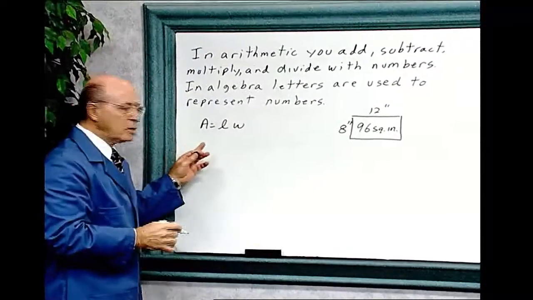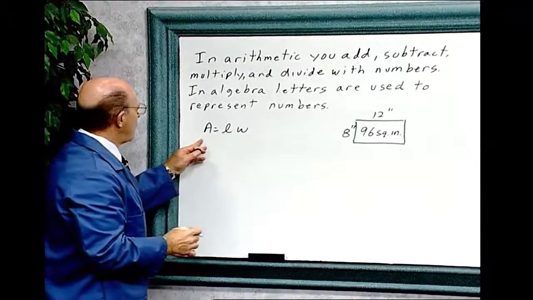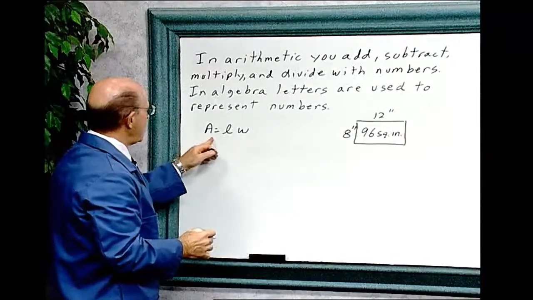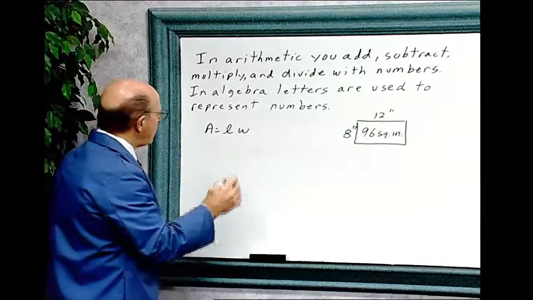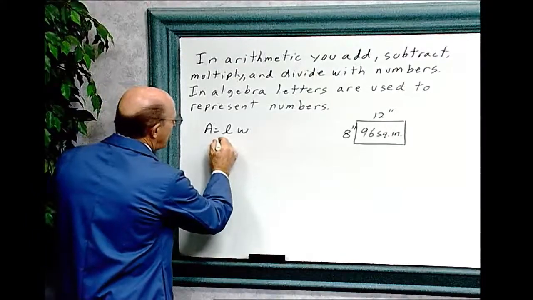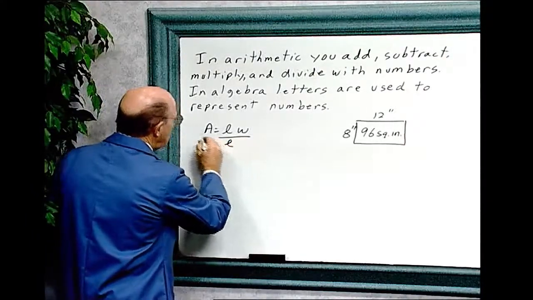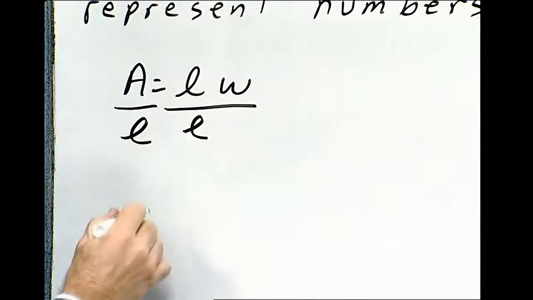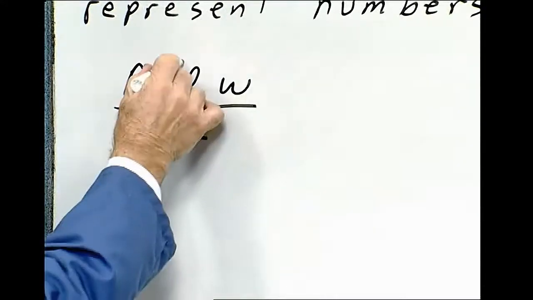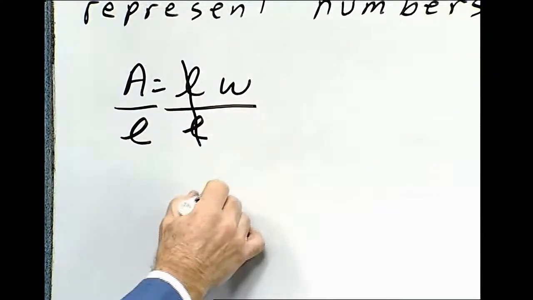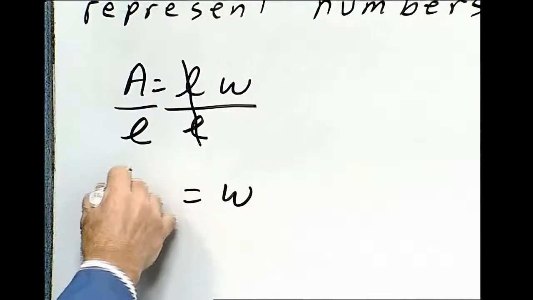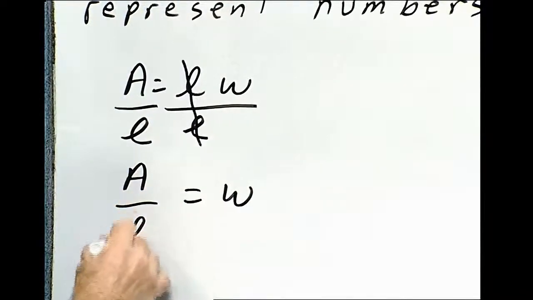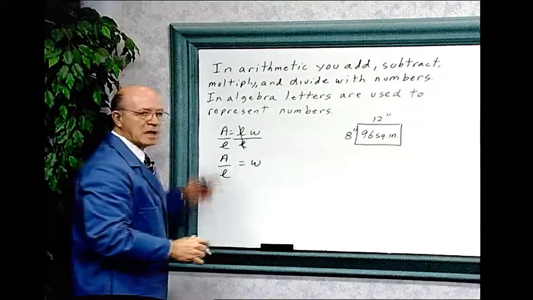And here's that formula for a rectangle to find the area of a rectangle. Area equals length times width. What are we going to do? We divide each side by L. And this cancels out. And so W equals A over L. And that's algebra.